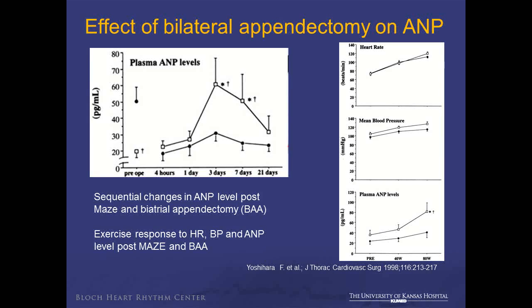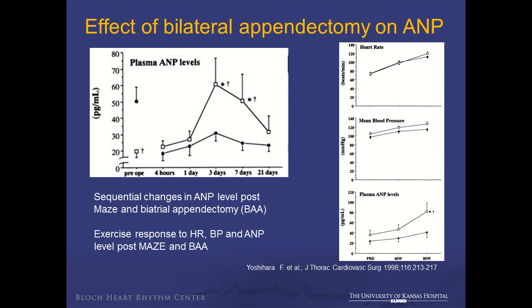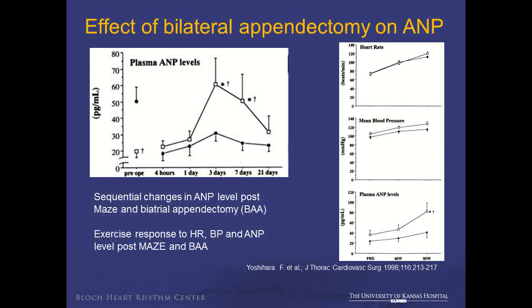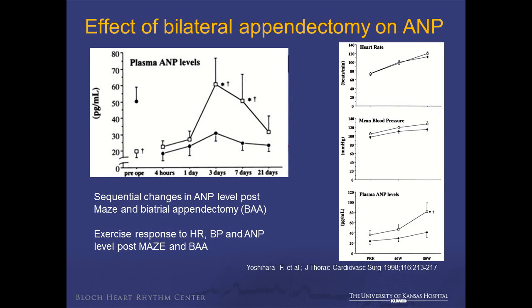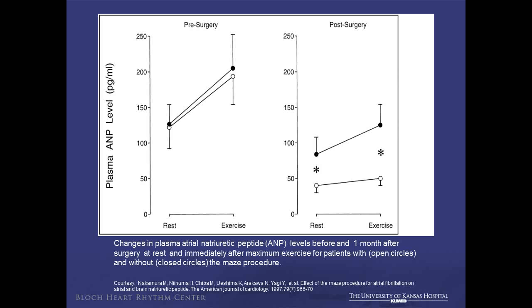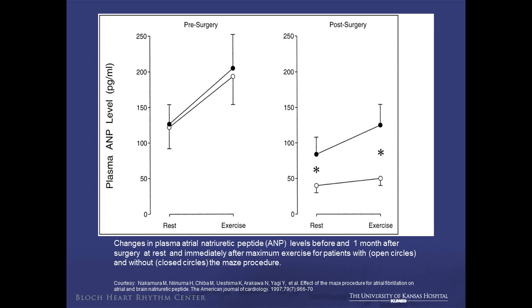There doesn't seem to be a major change in the central venous pressures. Again, this graph clearly shows that in people who had appendectomy, their ANP levels significantly decreased over a period of time, and obviously their mean blood pressures are also slightly lower, and this is just a reflection of the sequential change in the ANP levels.